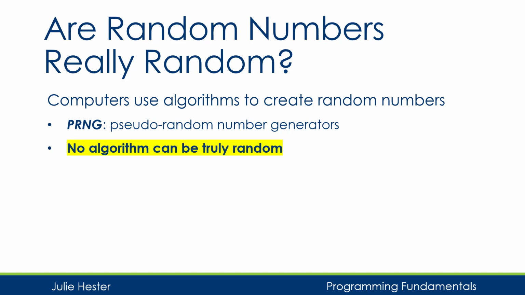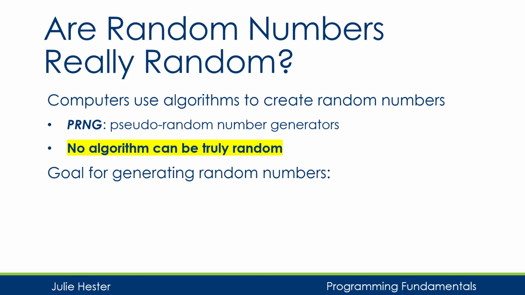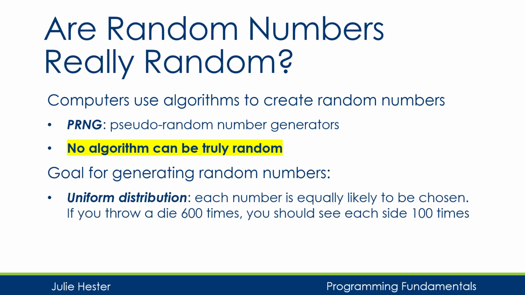No algorithm can be truly random. We're doing calculations with formulas. We want to create an algorithm that looks like it's random. And the two goals that we're looking for here are, I want uniform distribution. That means each number is equally likely to be chosen.